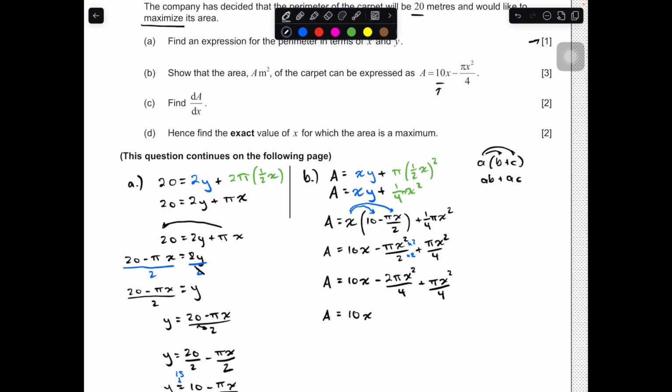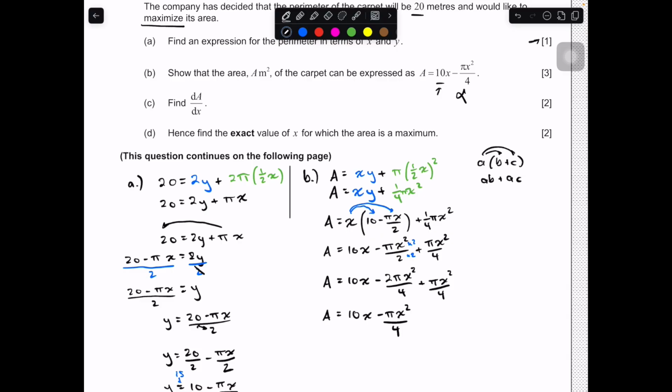We've got a pi x squared, and someone's taking away 2 pi x squareds from us, so we actually have a negative pi x squared. We would owe them a pi x squared. So here we have pi x squared over 4, and that is what we wanted up here: 10x minus pi x squared over 4.